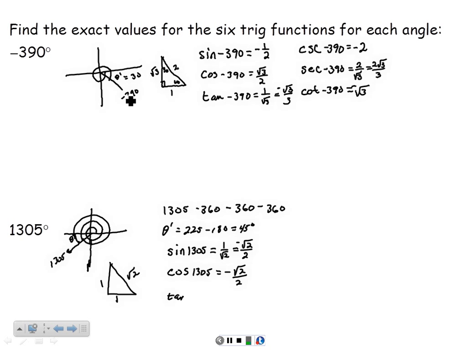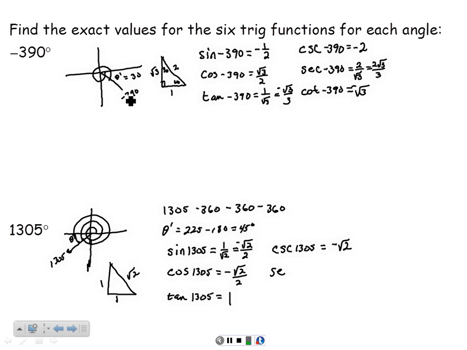And then tangent is going to be positive, because we're in quadrant 3, so tangent is just going to be 1, opposite over adjacent. And then its reciprocals, so we have cosecant of 1305 is going to be negative square root of 2.